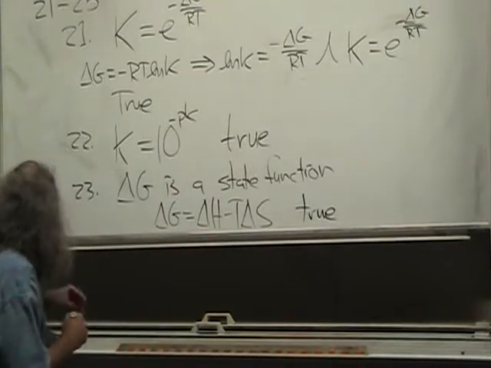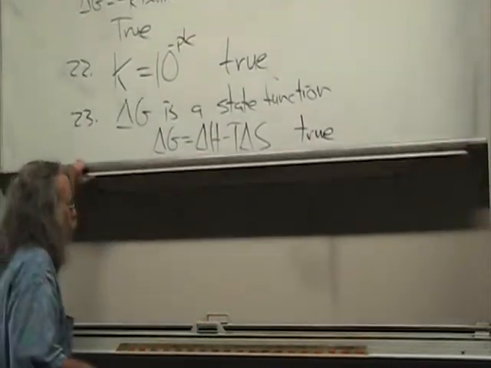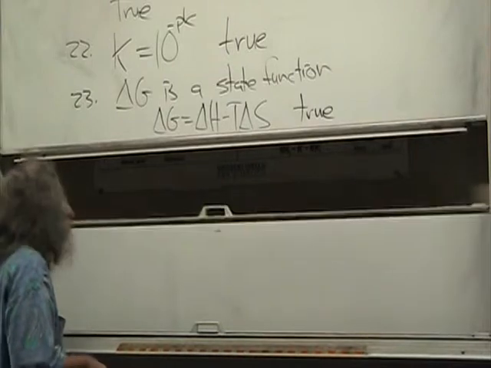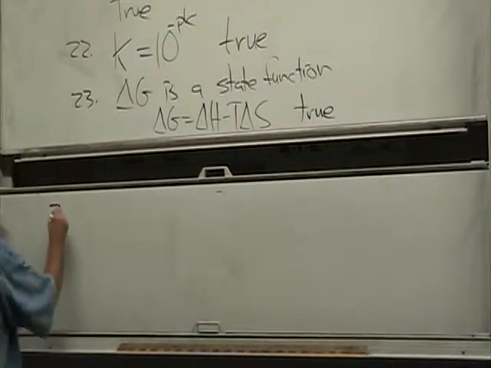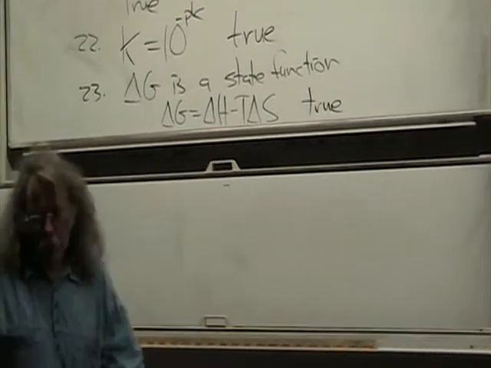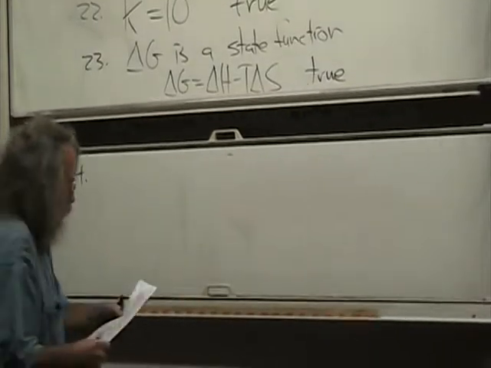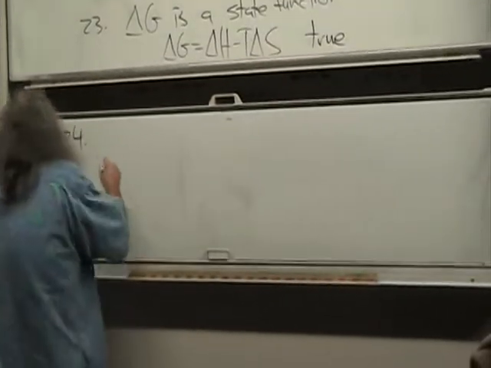Okay, and now 24 is the sum of two state functions.